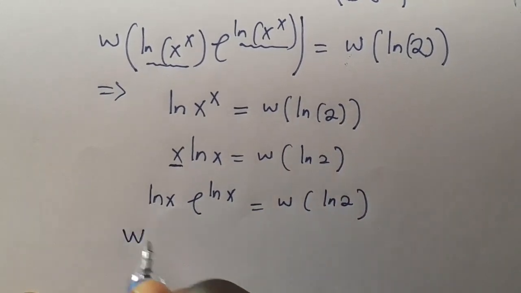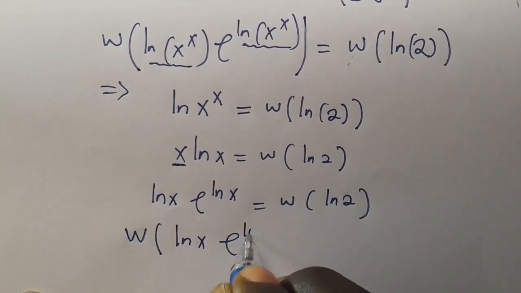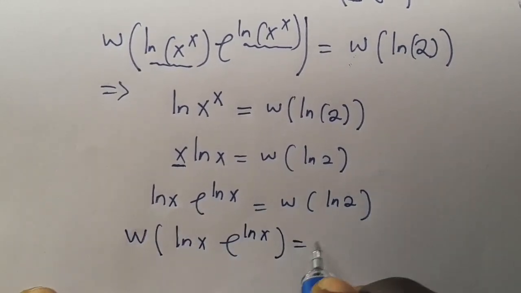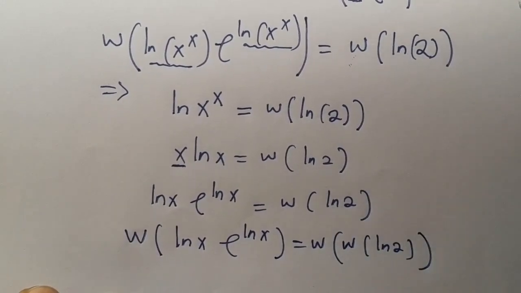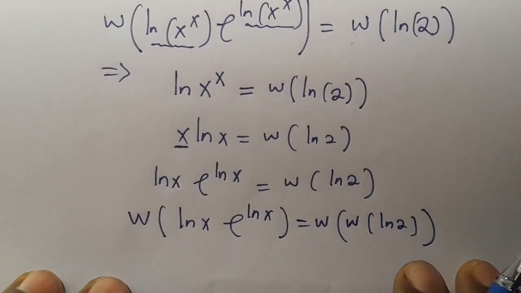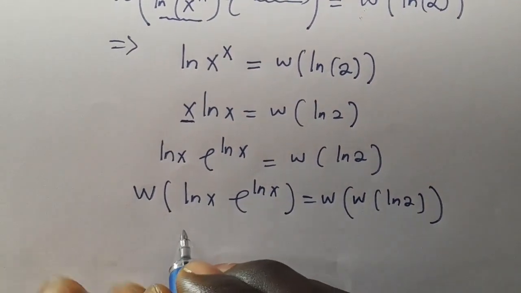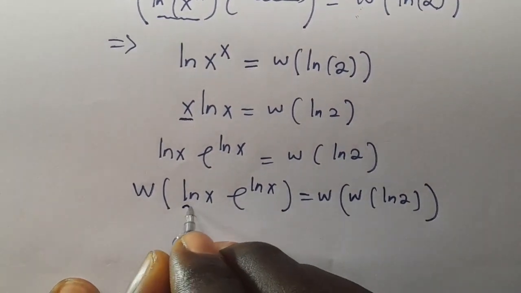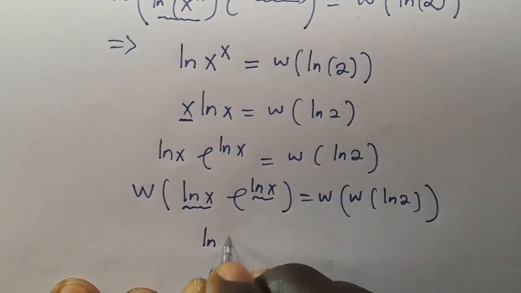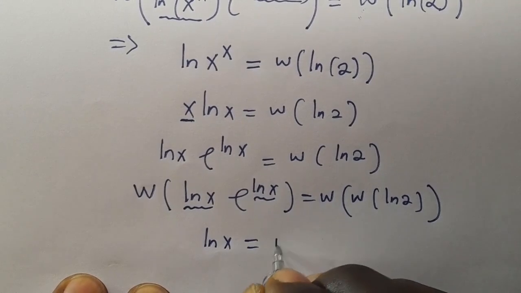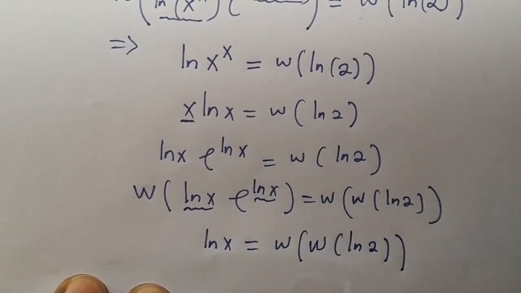That is, when you take W function of this, ln x e raised to power ln x, this one will now be W of W of ln 2. And mind you that since the base and the power are the same, we are going to have ln x equals W of W of ln 2.